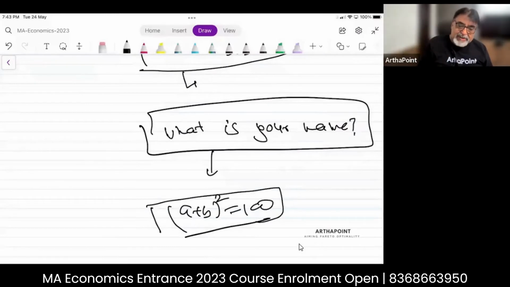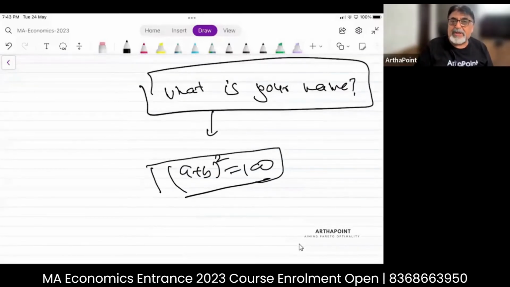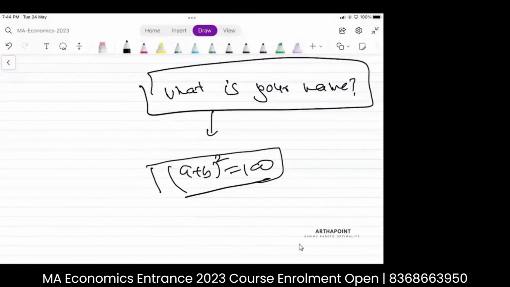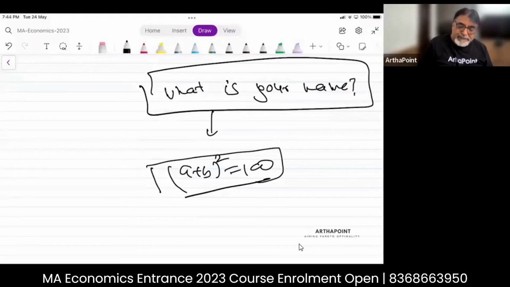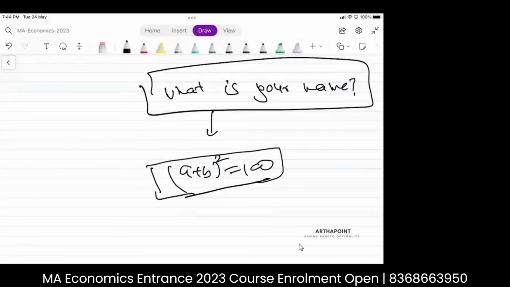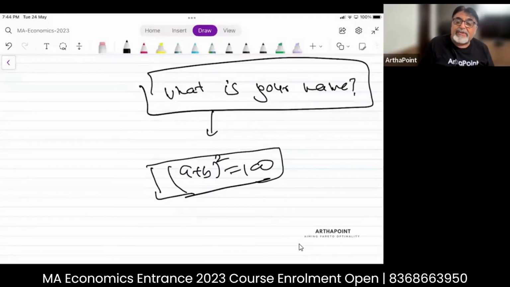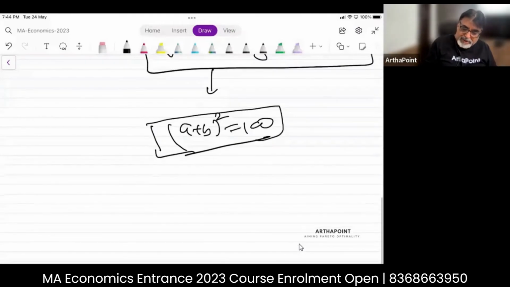When I say statement in mathematics, you treat it as a proposition. Is it a proposition? A and B are not defined yet. This basically is an open statement. We cannot predict the end result. We cannot say it is true or false. Unless we say it is true or false, it is not a proposition. Clear? So open statement.